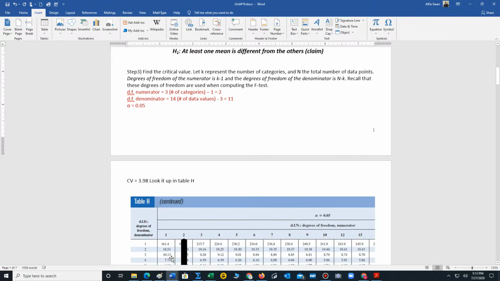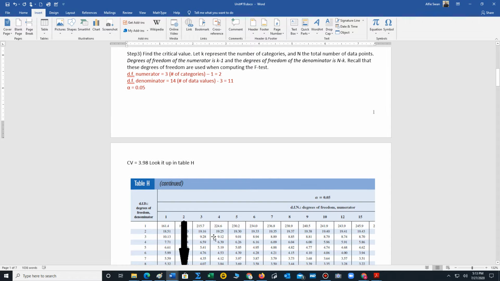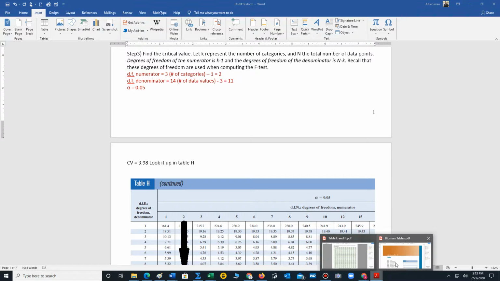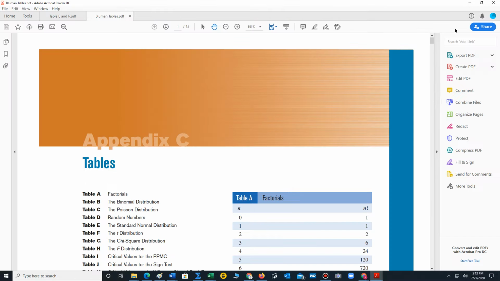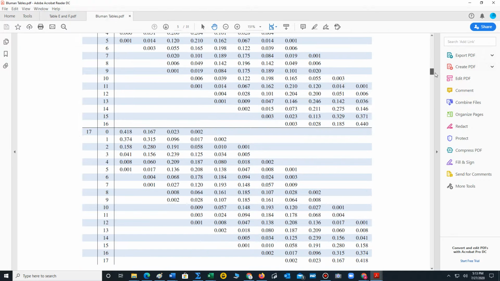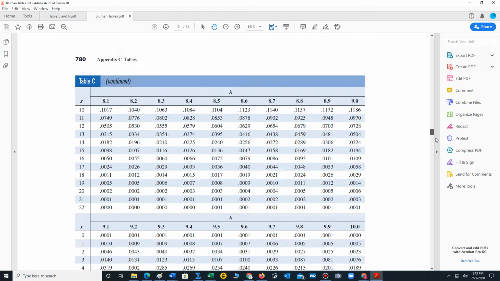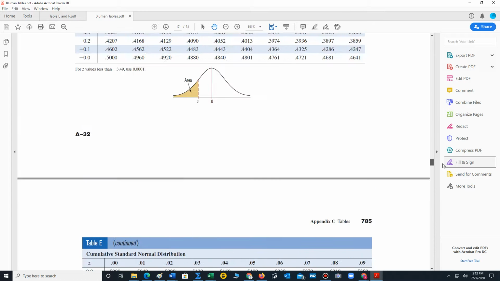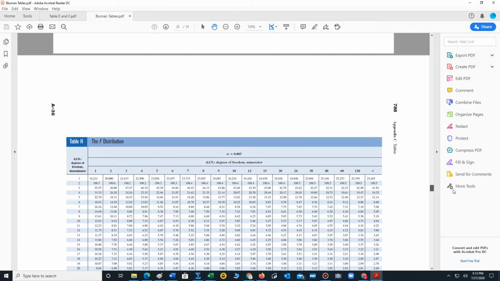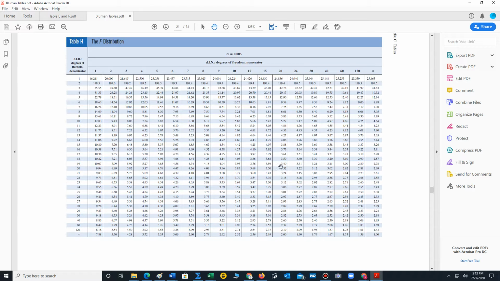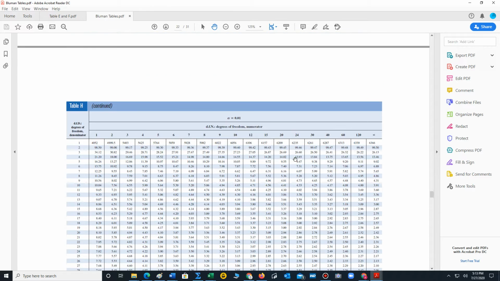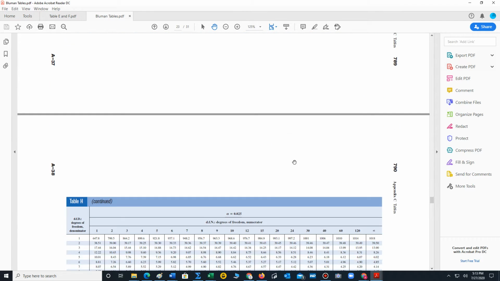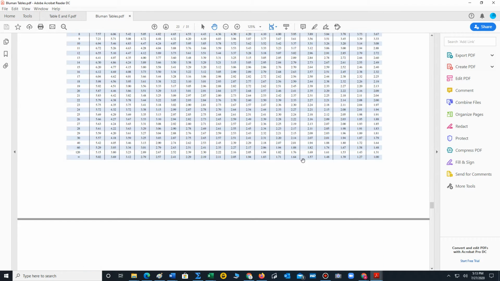So at this stage, we turn to table H. If we take a look at our tables, we go down to table H. When we arrive at table H, each page is a different alpha. So we have to search for the alpha that's been given to us, which is 0.05.